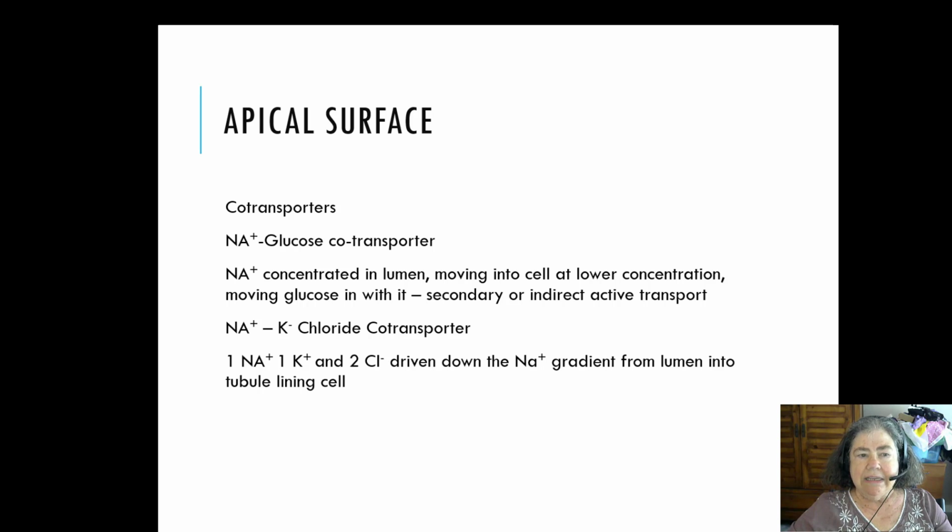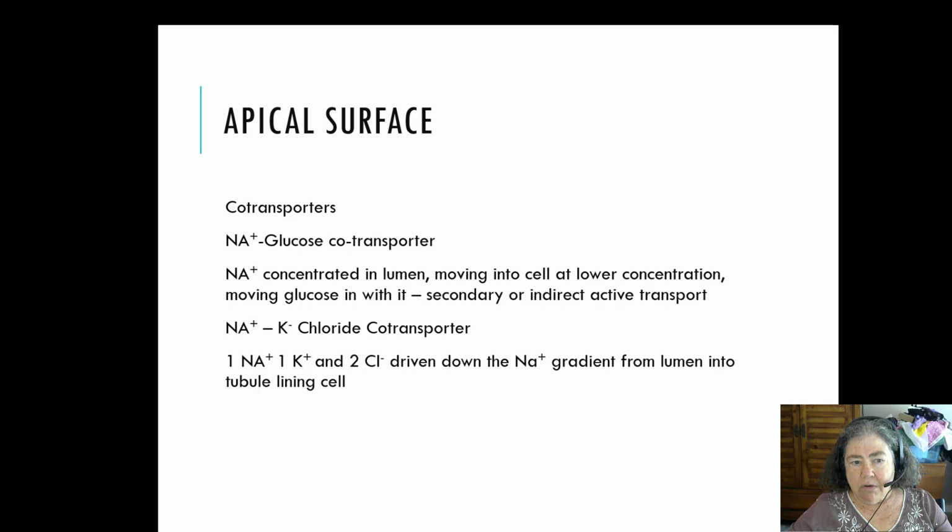The filtrate contains glucose, and this concentration of high sodium in the lumen can help to move glucose into the cell down the concentration gradient of sodium. And this is what we would call secondary active transport. The reason there's a lot of sodium in the lumen is that there's a lot of sodium in extracellular fluid because of the constant action of the sodium-potassium ATPase.